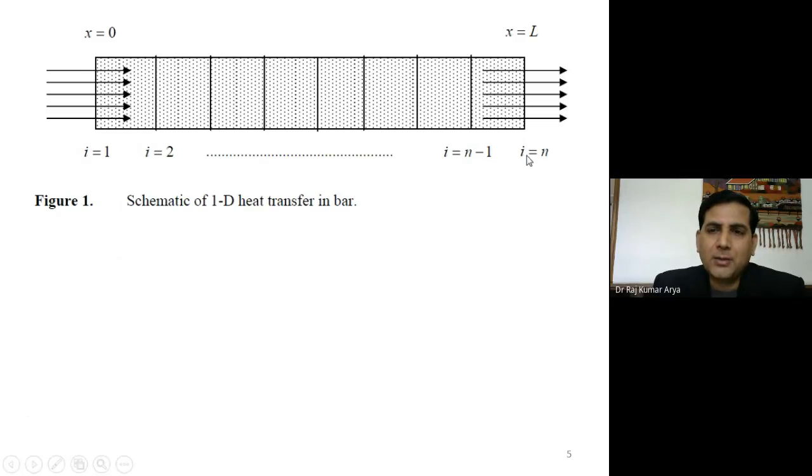If your last equation should be for I equal to n minus 1, then you will get the last term here as Tn only, correct?